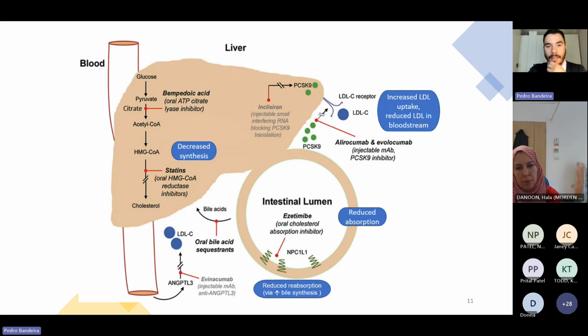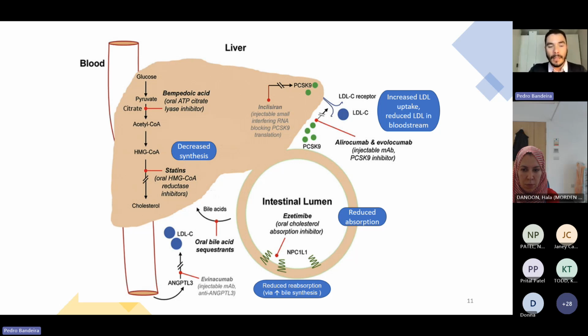This is just a schematic picture summarizing different types of lipid lowering therapies and their mechanism of action. We can see that decreased synthesis in the liver can be achieved by use of statins, and more newly available, you have as well bempedoic acid, which we're going to be talking about a little bit later on.